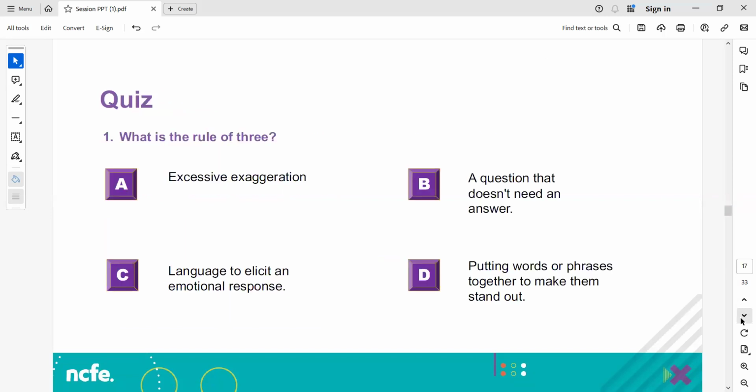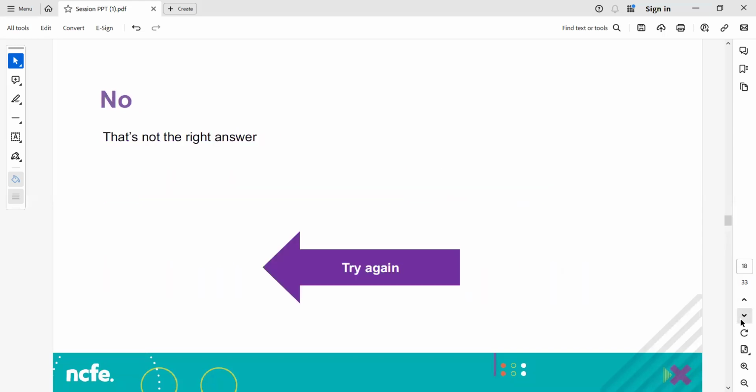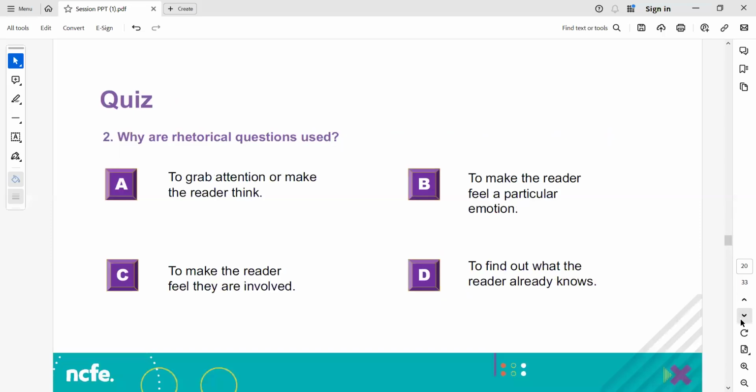Okay, so let's look at our quiz to finish. What is the rule of 3? Excessive exaggeration, a question that doesn't need an answer, language to elicit an emotional response, or putting words or phrases together to make them stand out. D. Good. Well done. Why are rhetorical questions used?